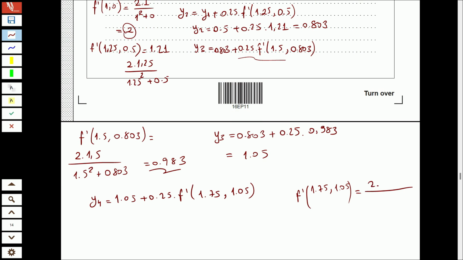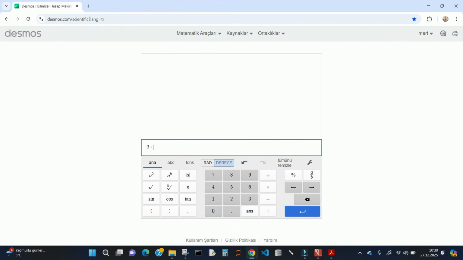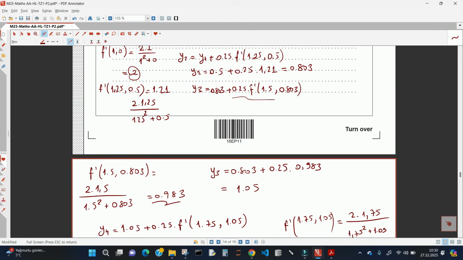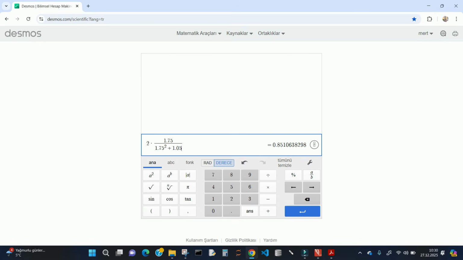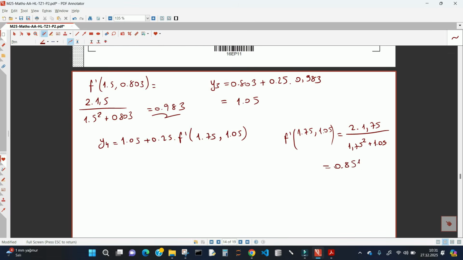It will be 2 times 1.75 divided by 1.75 squared plus the y value, 1.05. That is 0.851, and I will plug it into this equation.